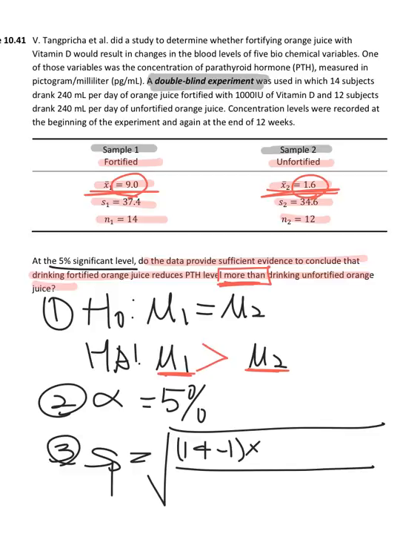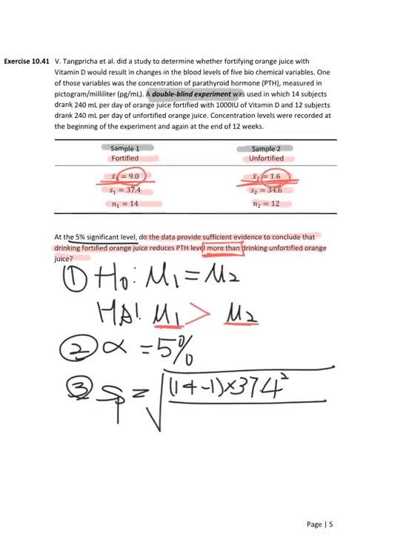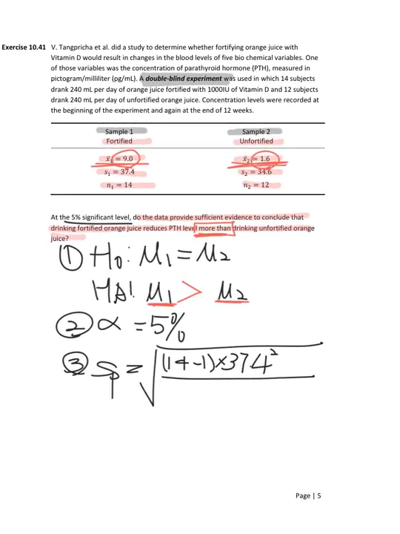S1, 37.4 squared. 12 minus 1. 34.6 squared. 14 plus 12 minus 2. Please give me SP.